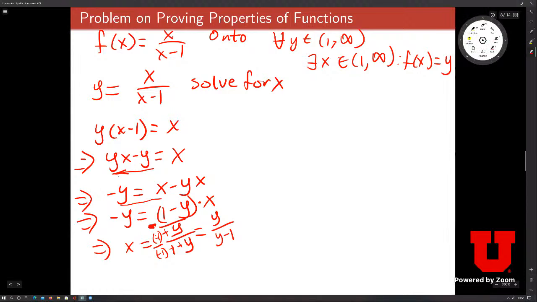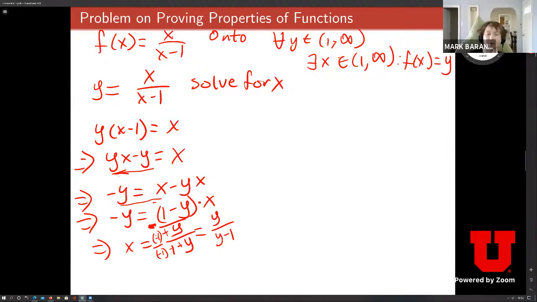Okay, I'll just walk through it. Here we distributed the y across, and then I subtracted yx from both sides, right?